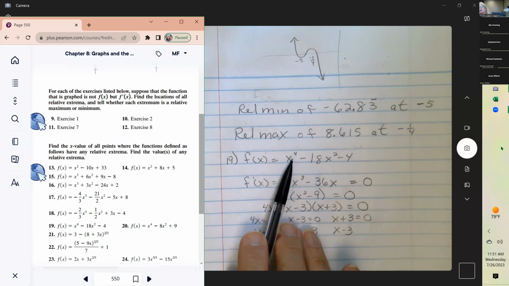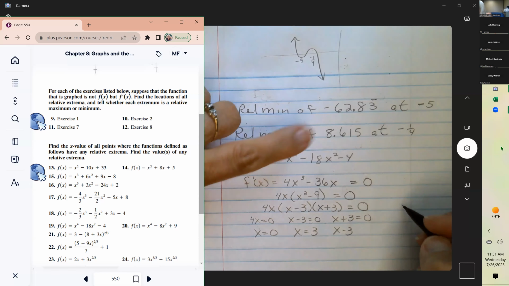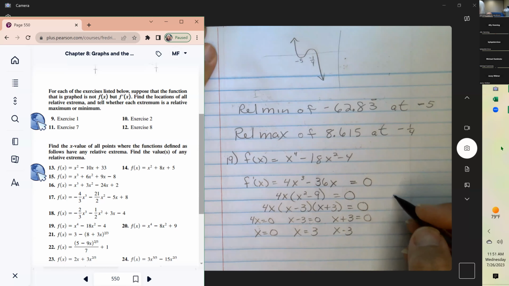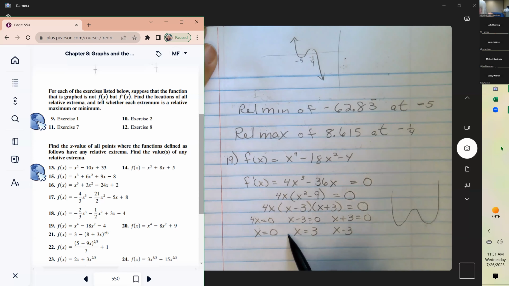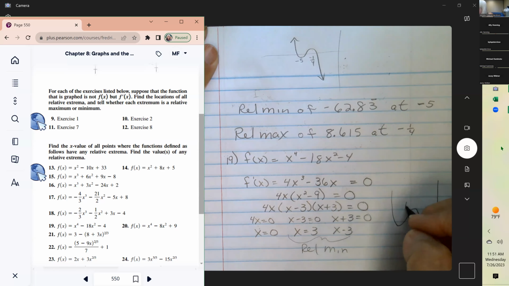An even power resembles a parabola. So that means it's positive, it's going up. So -3 and 3 should be relative low points or mins, and 0 should be a max.